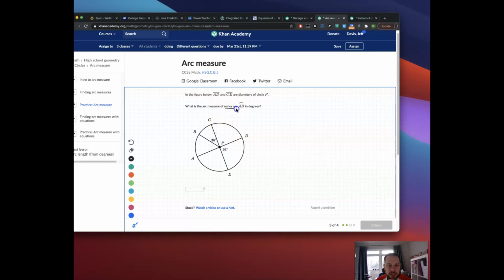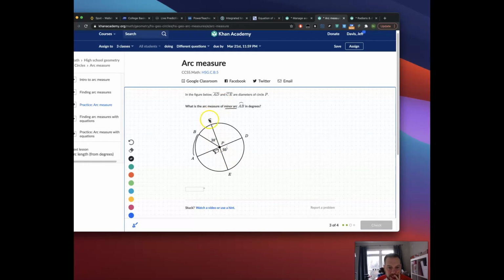Minor arc AB. So minor arc means we're going the short distance here instead of the long way across. And let's figure out what we know. So AD is a diameter. That means it cuts it into 180. So if AD is a diameter, that means this here has to add up to 180. I know this is 93, so that means there's only 87 degrees left to go here.